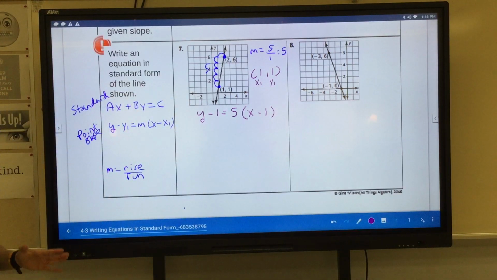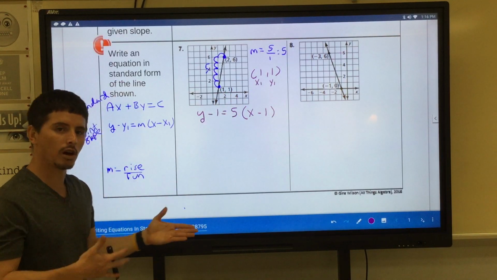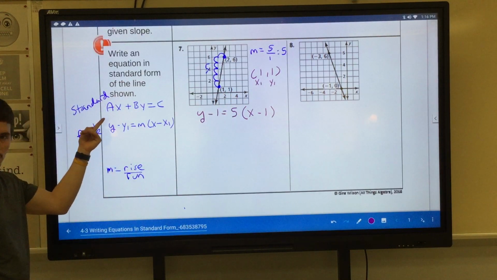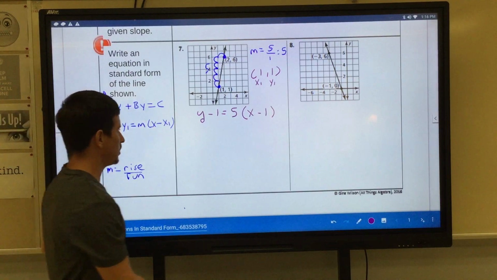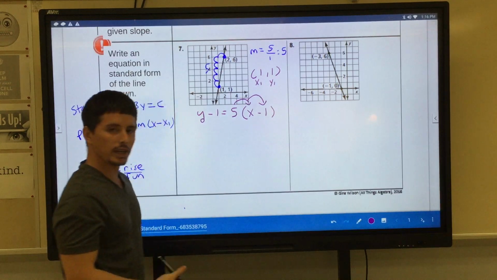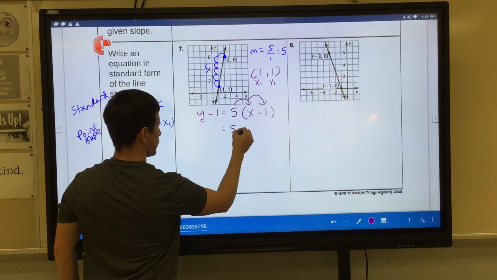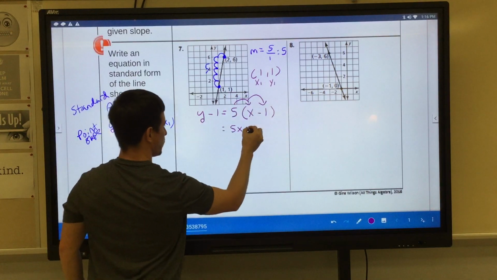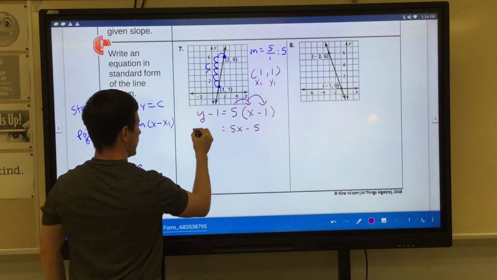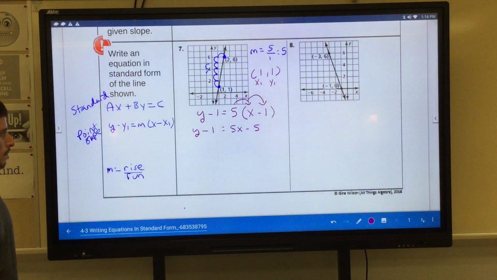Now we're almost done. If I were to ask, give it to me in point slope, this would have been it. But now we have to solve this to get it into the standard form. So distributing into everything inside, we now have 5 times x is 5x, 5 times negative 1 is negative 5, and bringing everything else down, that's y minus 1.